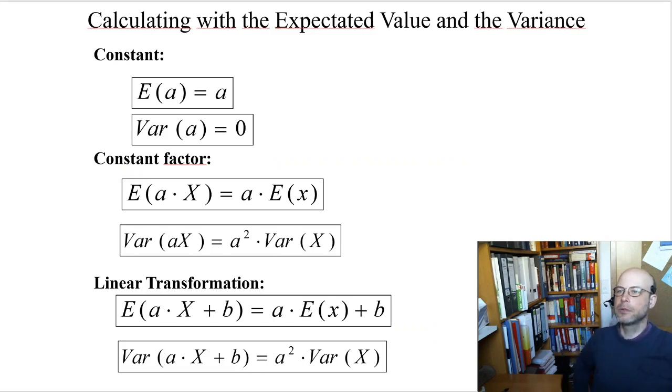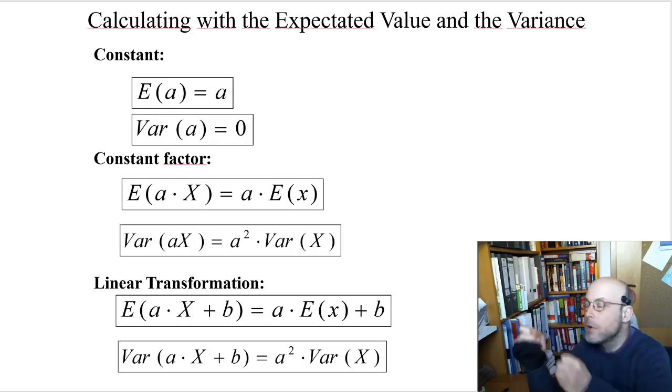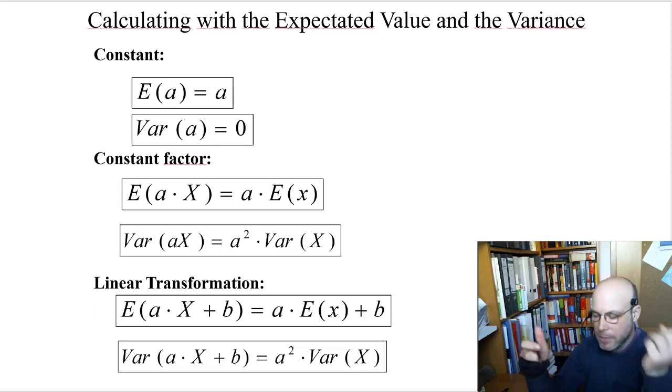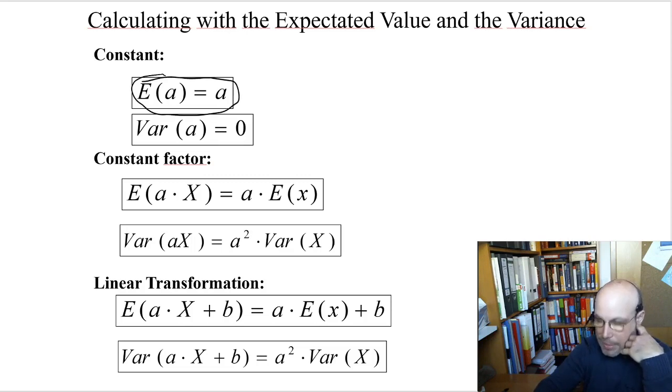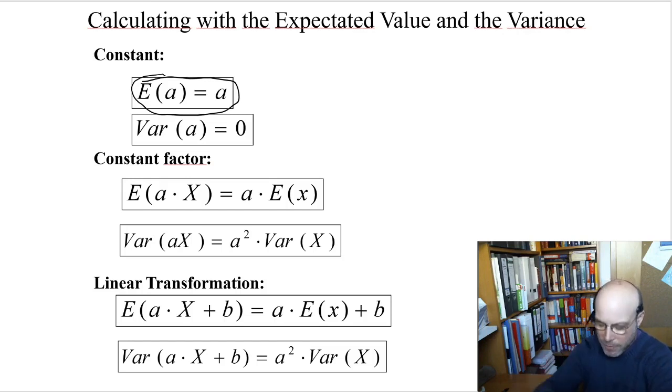And then we should also know, if we are doing some calculations with the variance and with the expected value, that if we do not take any random variable but only a constant, then of course the expected value of a constant is just the constant itself. And we have of course no variation, no volatility around a constant, and therefore the variance of a constant equals 0.